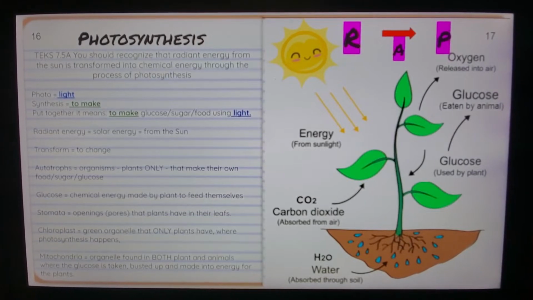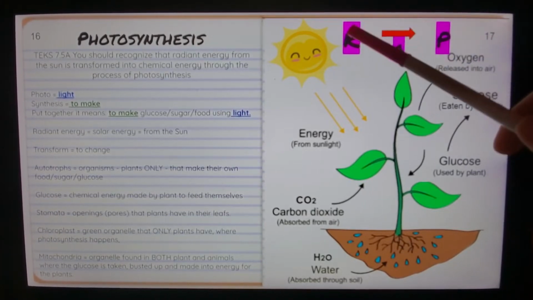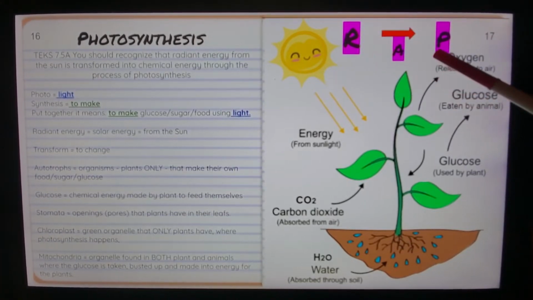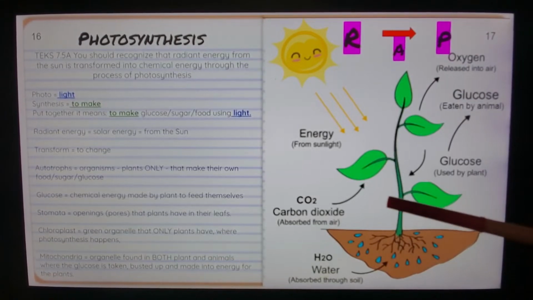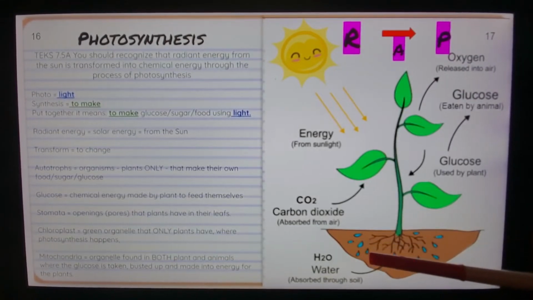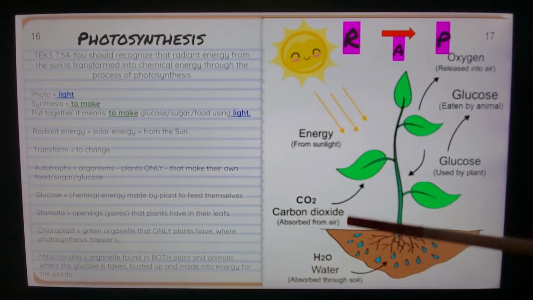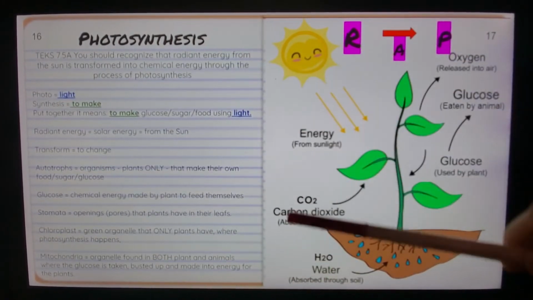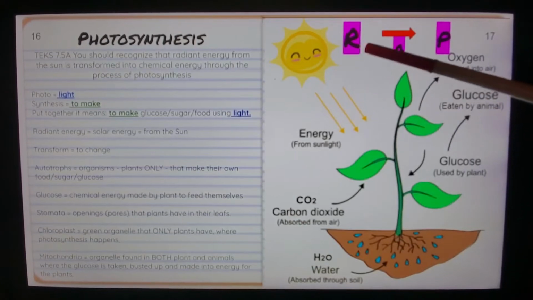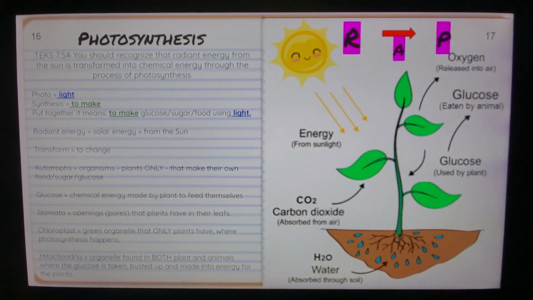I want you to also notice that I've added the letters R, A, and P up at the top. We're going to come to discover in these notes that we call these ingredients used over here in photosynthesis R for reactant.